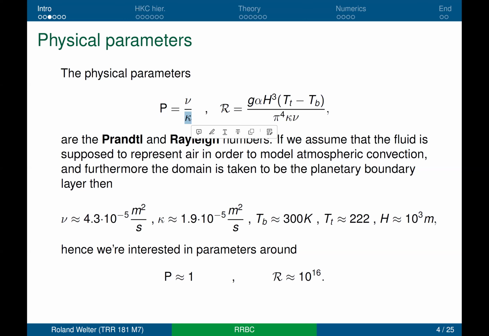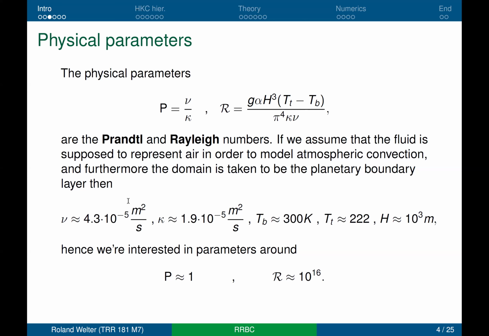The other, probably most important physical parameter is the Rayleigh number, which is a measure of how turbulent the flow will be. It's the temperature difference between the bottom of the fluid and the top, times some volume factor, times some other factors.